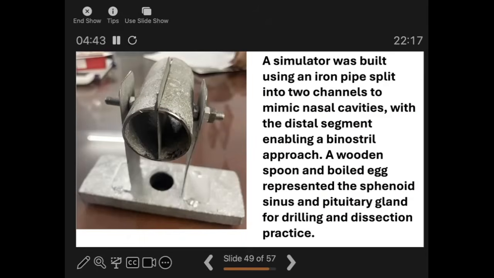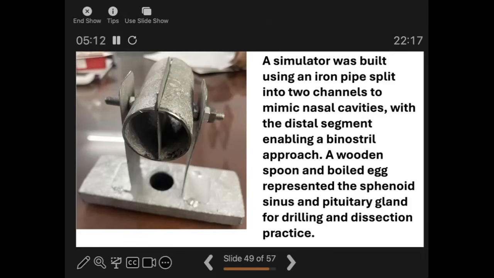We also devised a physical simulator using an iron pipe of 2 centimeter diameter. It is 8 centimeter long to represent the nasal cavity. In its initial 6 centimeter, the top of the pipe was cut open, leaving the distal 2 centimeter intact.